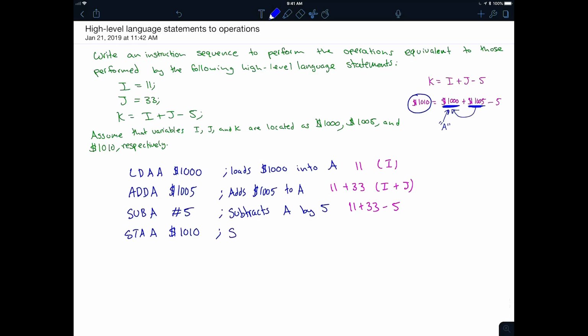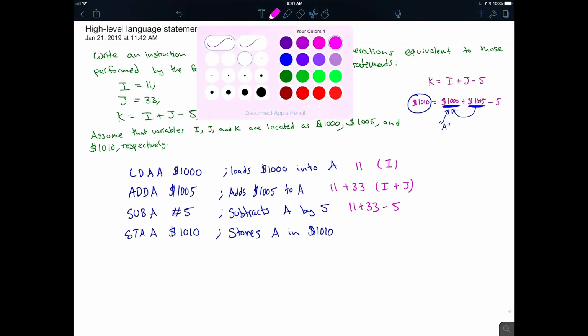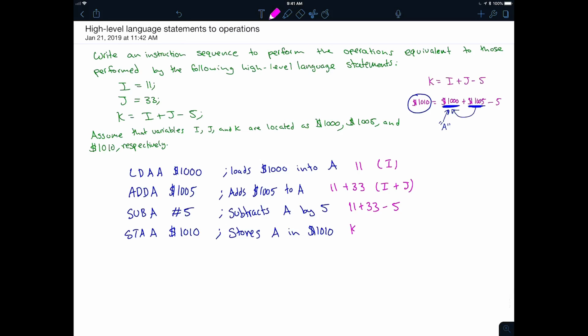And this stores A in 1010. So this gives us k equals 11 plus 33 minus 5, which is what our original goal was when we wrote that equation up on the top, and which is right here in the very last part of the question. So yeah, that's your answer.